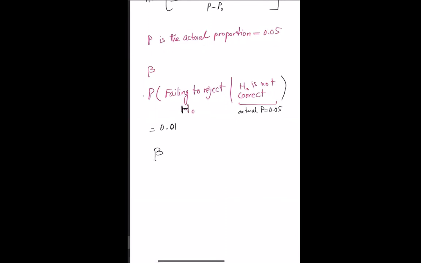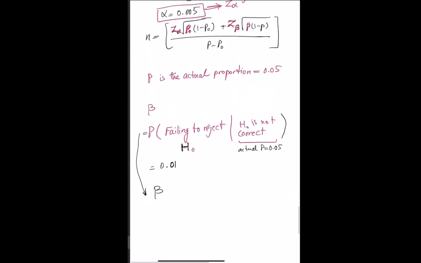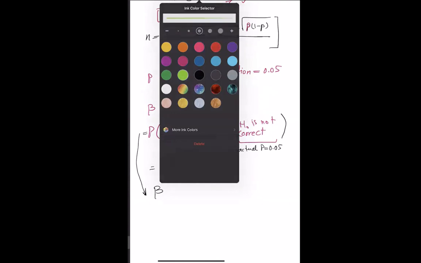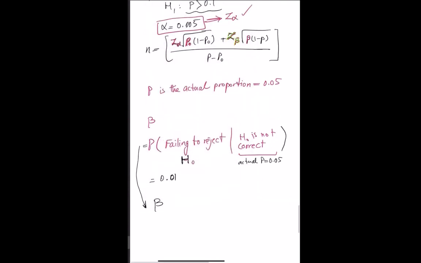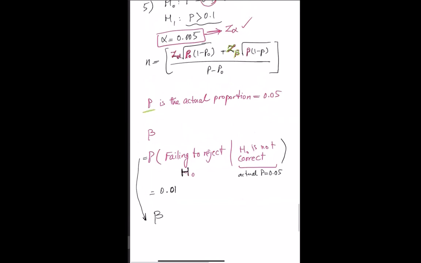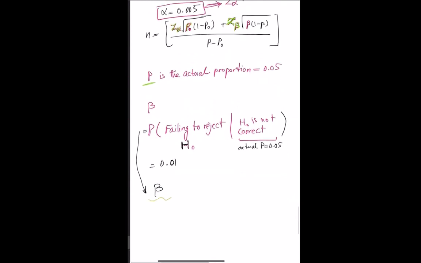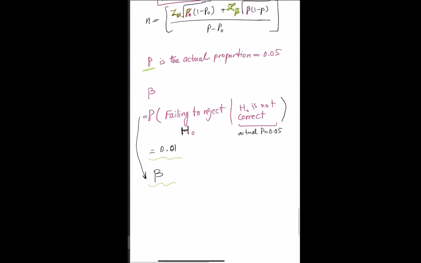So the last two lines have given you beta. Then you can put that in this part of the formulation, and you have everything else: the P, the P naught, Z of alpha, and you can find Z of beta from the table, given that beta is 0.01. Then you can calculate N.